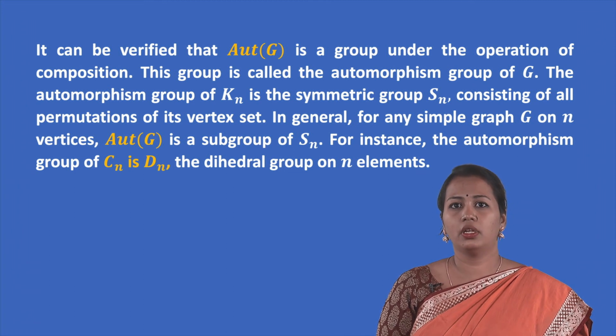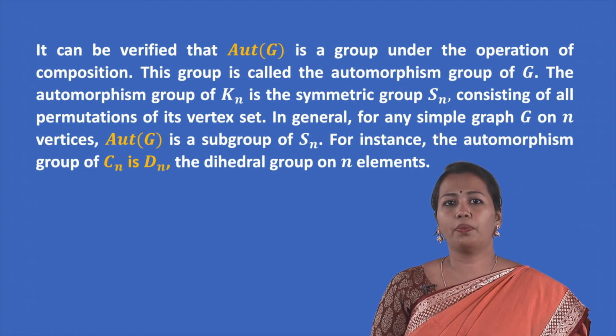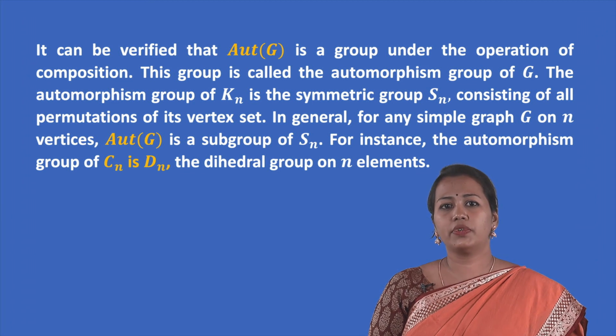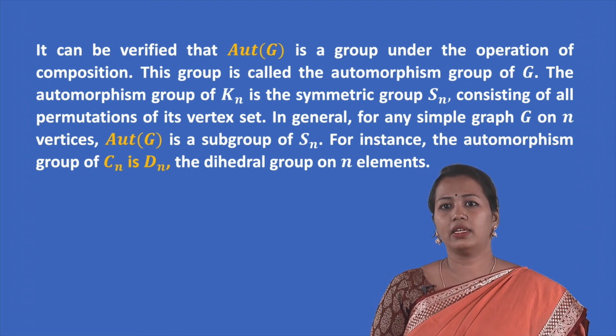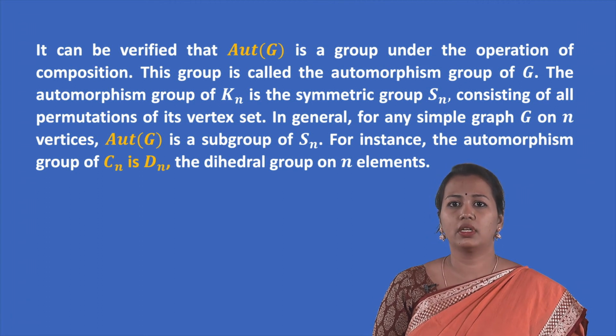In general, for any simple graph G on n vertices, Aut(G) is a subgroup of Sn. For instance, the automorphism group of Cn is Dn, the dihedral group on n elements.